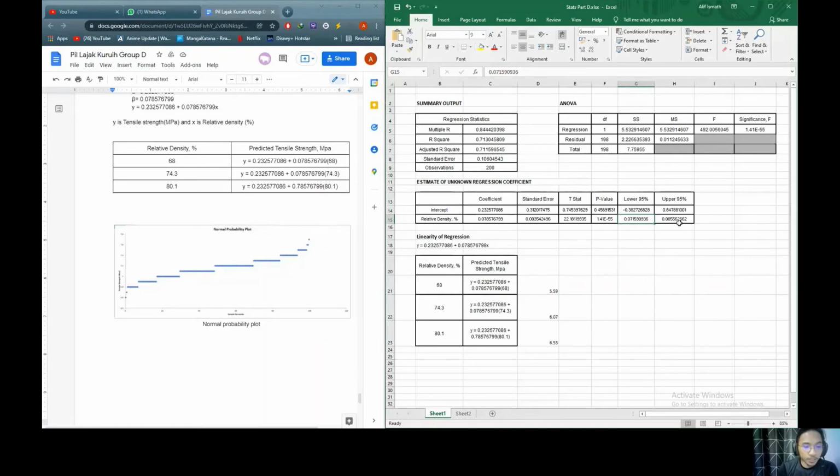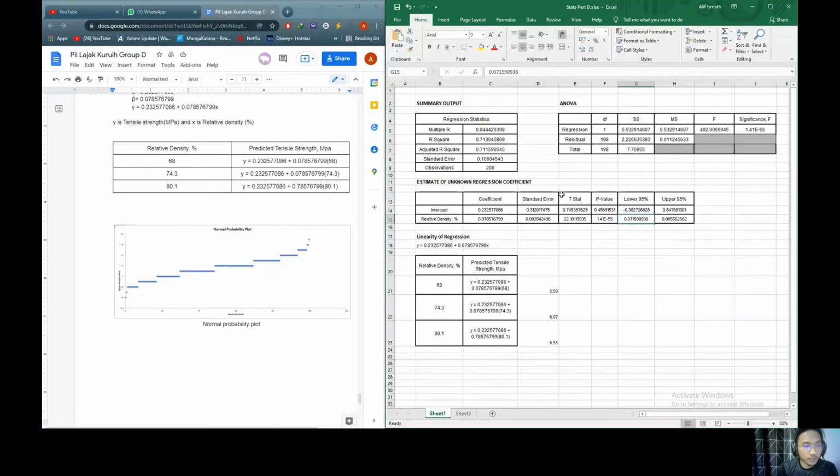By using a hypothesis test, we can test the significance of regression, whether relative density differs from 0. For the F test approach, H0 is that beta for relative density equals 0, and H1 is that beta is not equal to 0.